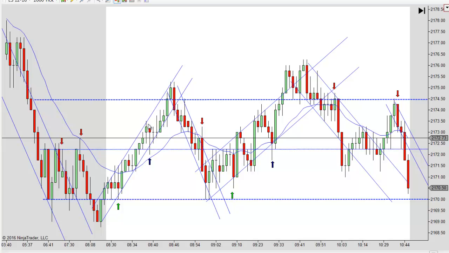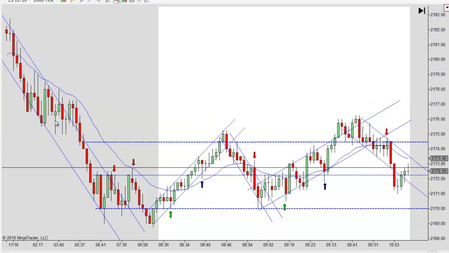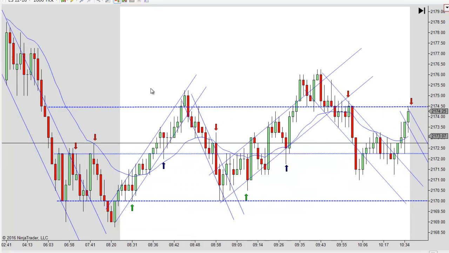So you've got to assume that we're still inside this channel, and that we're headed to the next resistance area. Probably going to test the support area first, because notice when we broke through there, we never tested it. Prices generally come back pretty quickly and test these areas. And so I treated that as a test there.